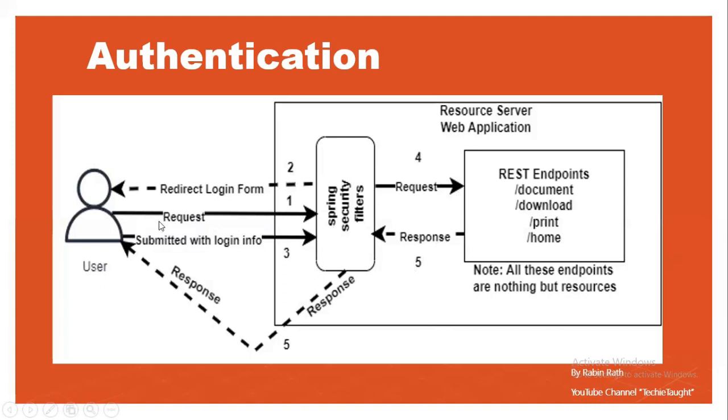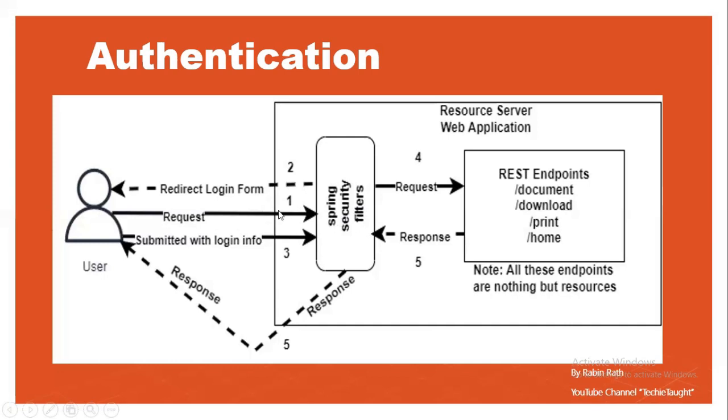So for example, when you are accessing your company's website or a bank application or any secured application, when you hit the URL, that URL will first be intercepted by the Spring Security filter. That's why this is number one. This is the first call, and it is intercepted by the Spring Security filter, and it will check.